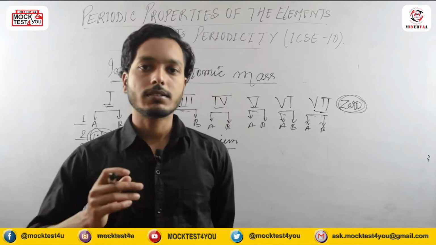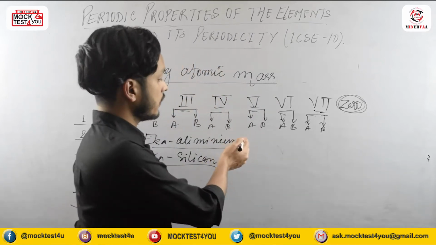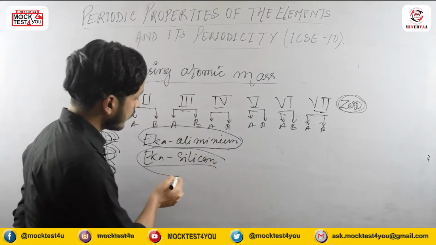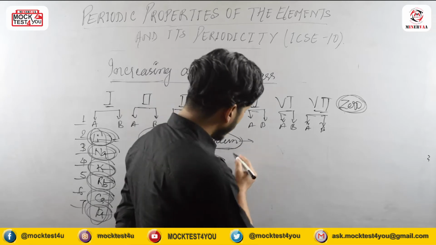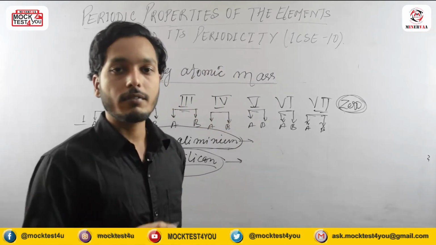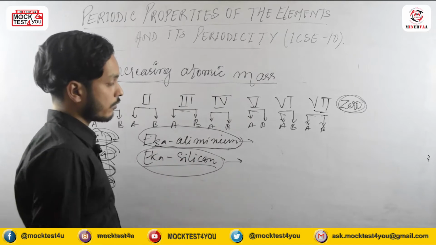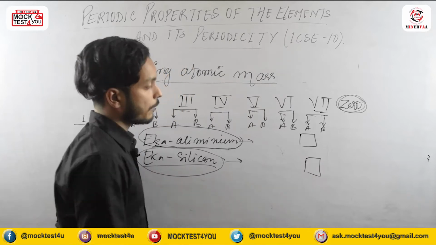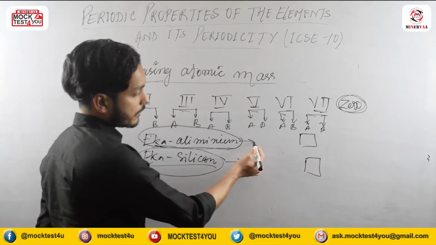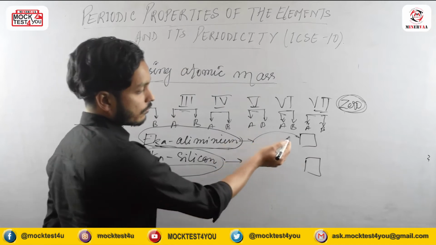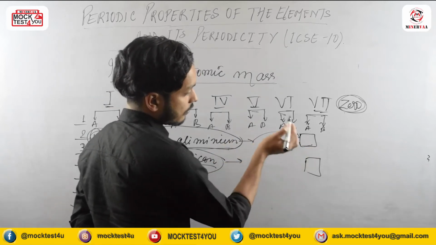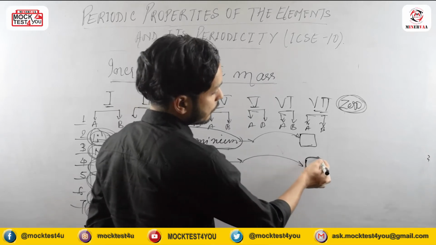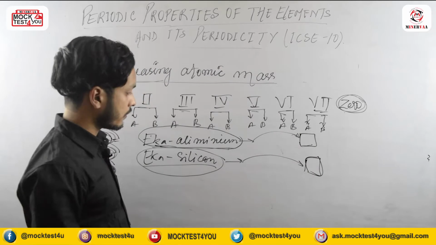After some years, scientists found elements with properties similar to whatever properties Mendeleev had given. Suppose this is a gap here and this is a gap. For these two gaps, Mendeleev predicted the properties of the elements. He said that some element will come here, and after some time there will be a discovery, and some element will come here, whose properties will be like this. He told those properties.